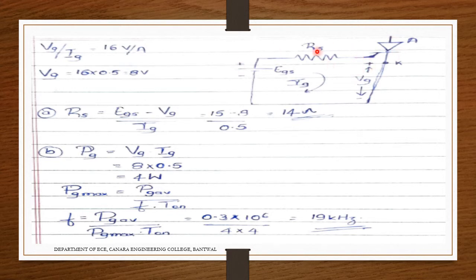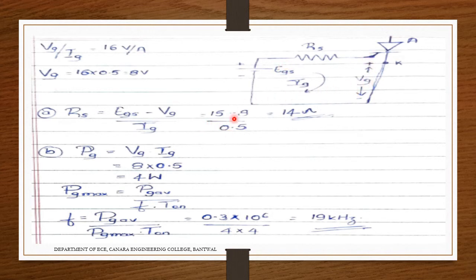But what I require is the RS. So RS is equal to EGS minus VG divided by IG. That is V by I, Ohm's law, or V is equal to I into R. So RS is equal to EGS minus VG divided by IG.